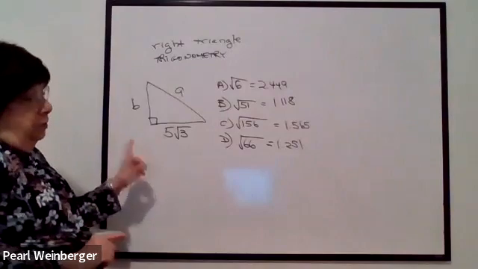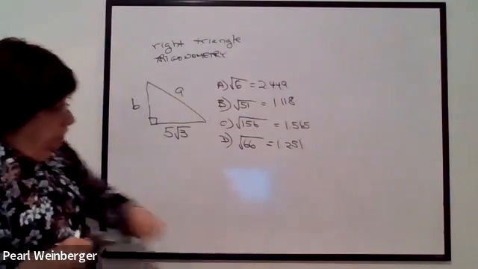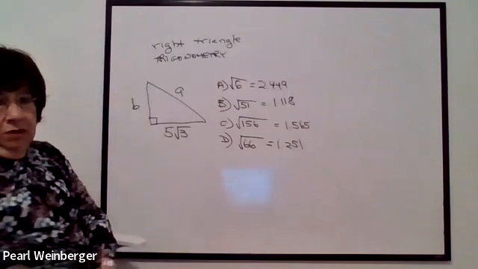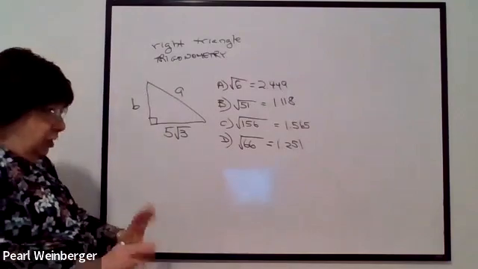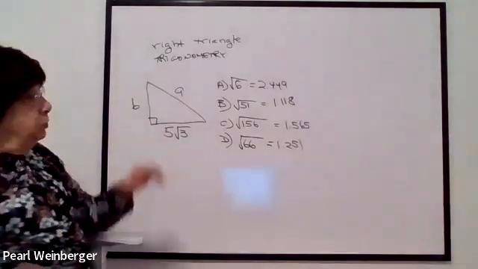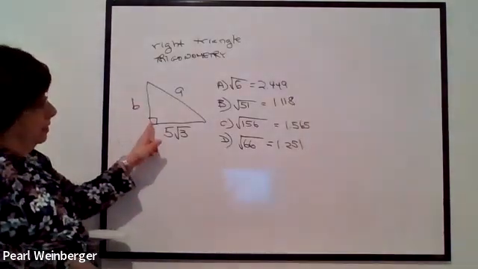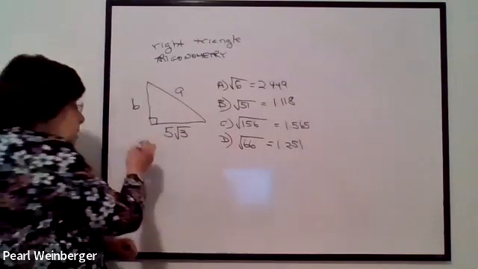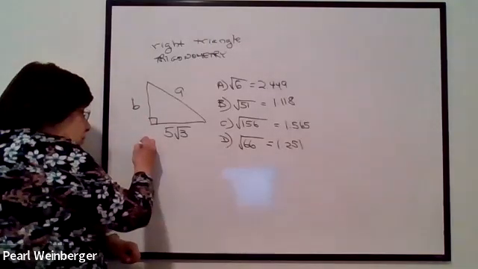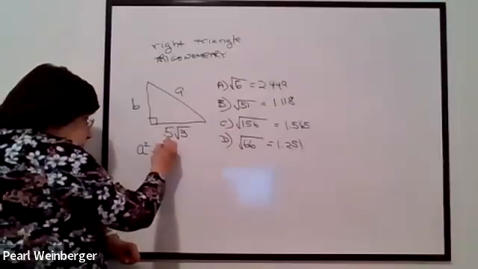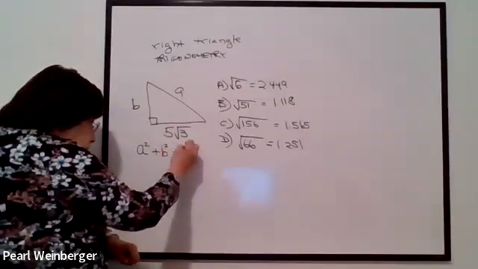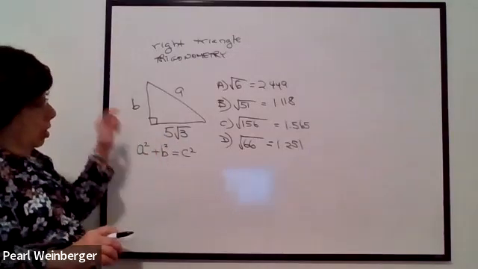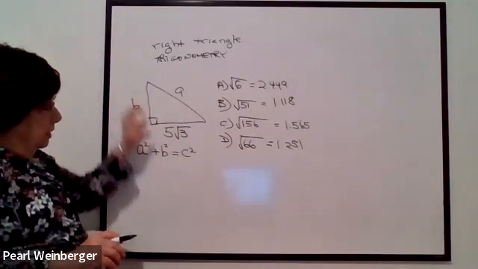So this one is a little bit of a tricky one for a couple of reasons. Number one, there's a square root in the question. We have to know how to deal with that. Number two, if I'm going to do a squared plus b squared equals c squared, we have to know what the a, the b, and the c are.